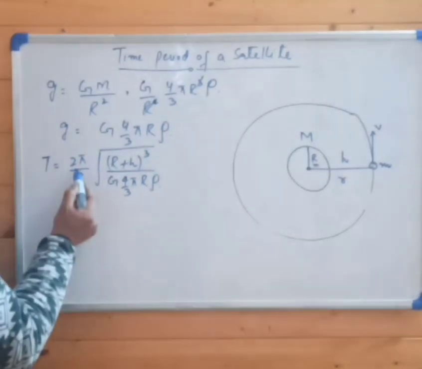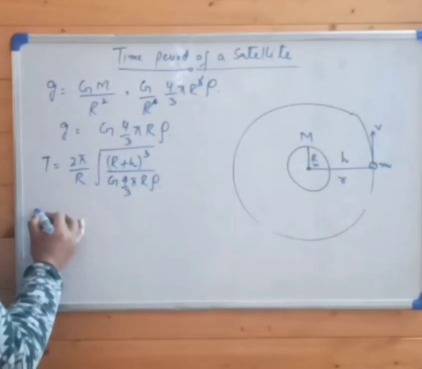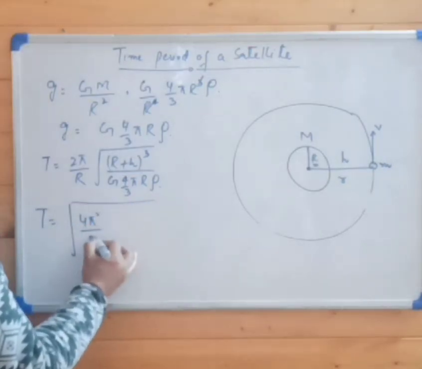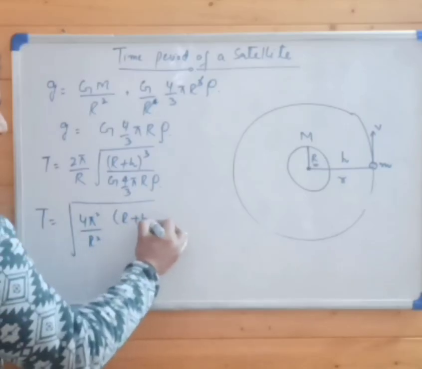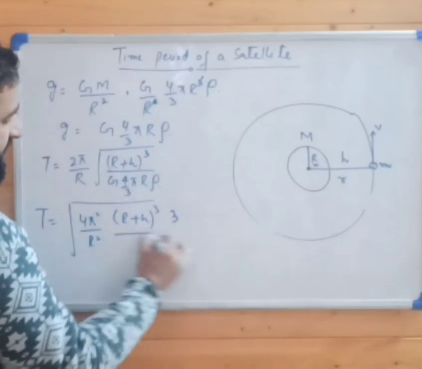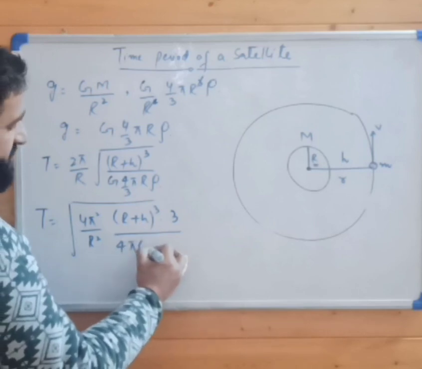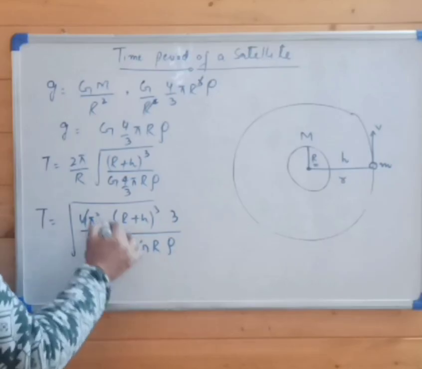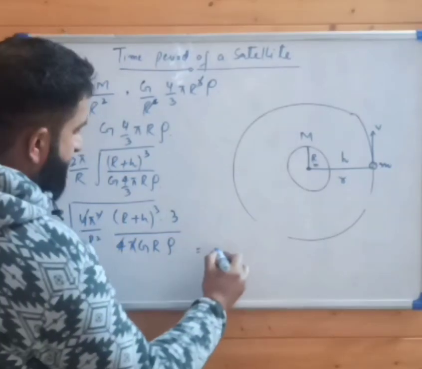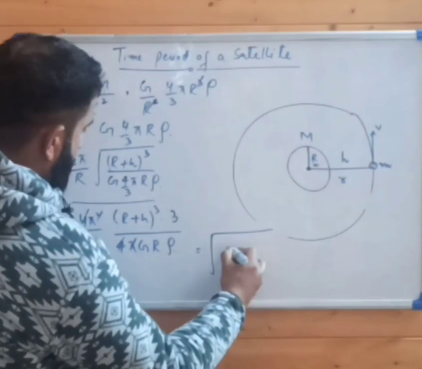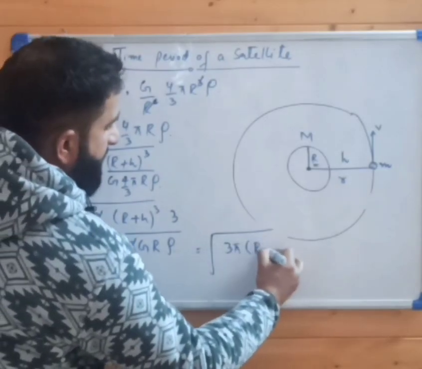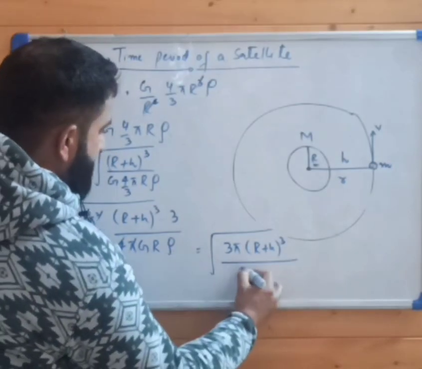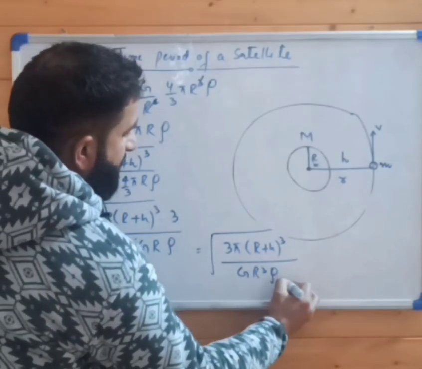Solving it further, taking 2 pi by R into the root, T gives us root of 4 pi square divided by R square into (R plus h) whole cube into 3 divided by 4 pi into G R into rho. Now 4 and 4 go, one pi and pi go. Further, it gives time period equal to root of 3 pi into (R plus h) whole cube divided by G R cube into rho.